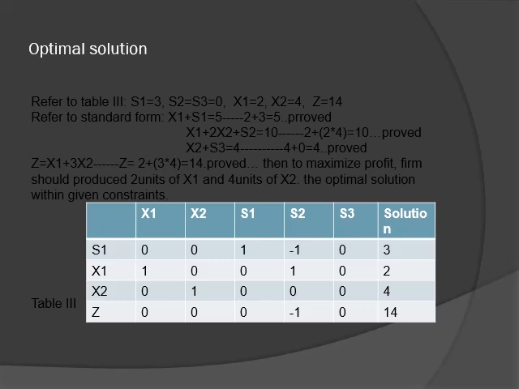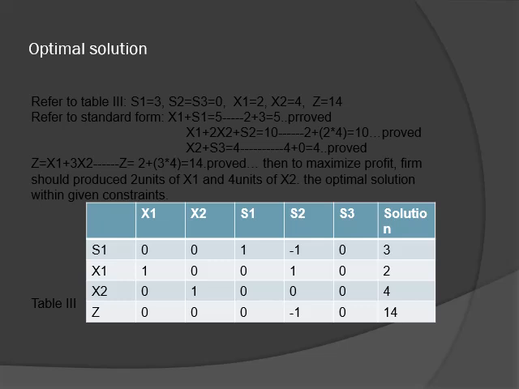Pay attention to table number 3. We reached the optimal solution because there are no negative values in the row of Z. Let us read the values of this table.